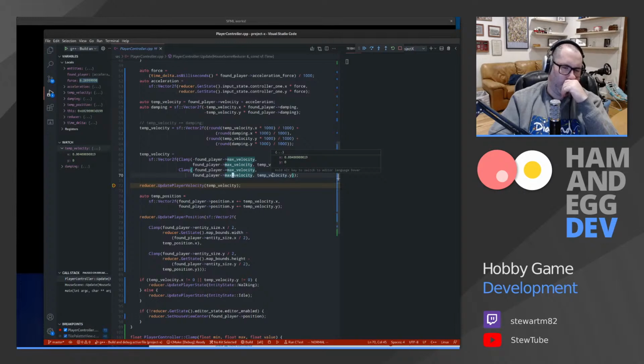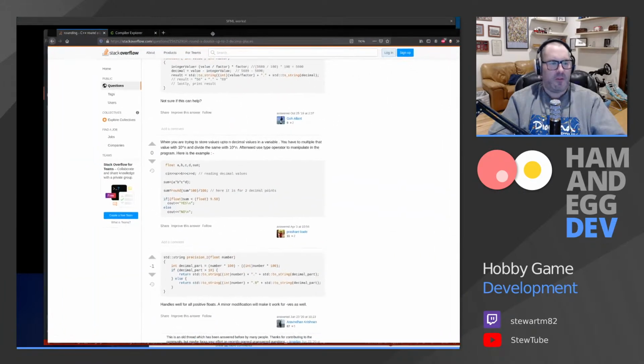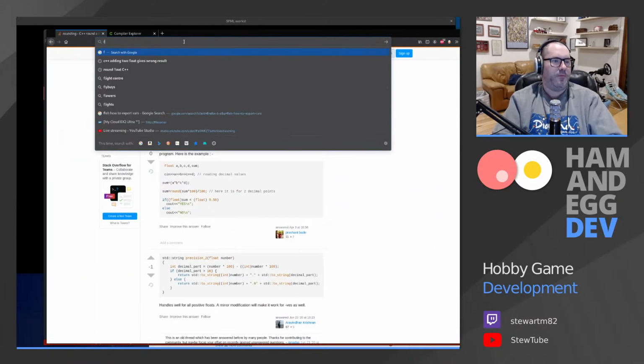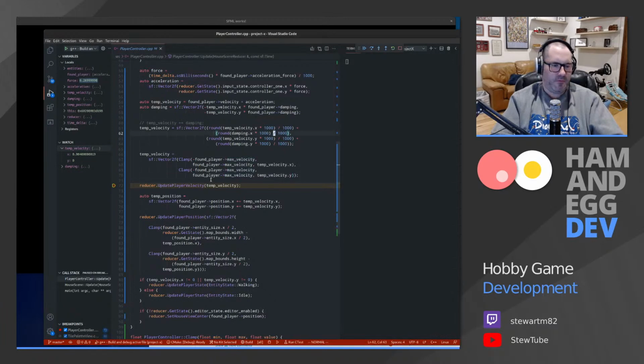Just make it 0. So the max would be like 0.09 or something. Clamping for floating point. We could do that. Just clamp it again after that.